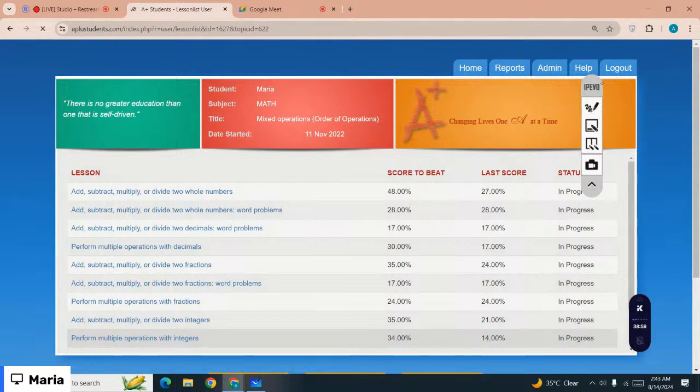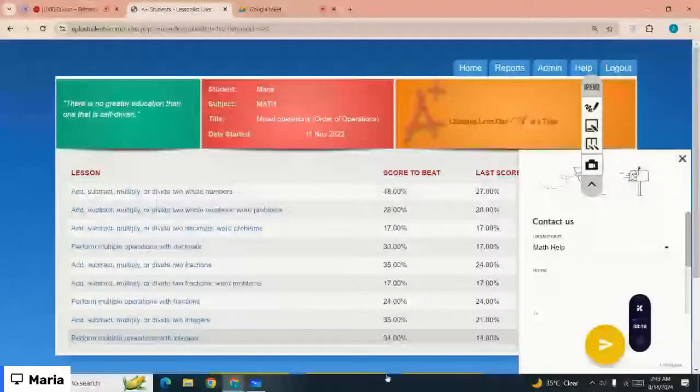Okay, so you can complete the lesson. Yes, you can contact. For example, I have the department and name. For example, I have to choose math department here. I can write my name.